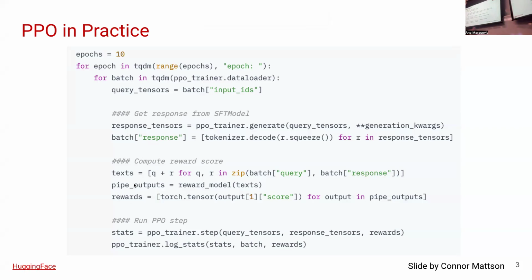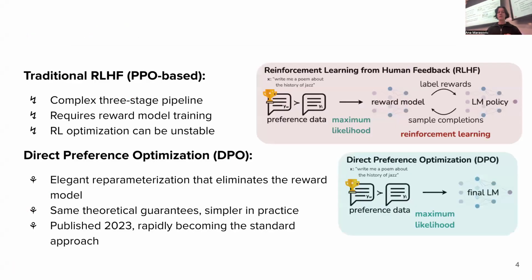Just call our reward model on these responses. And then we have the PPO trainer class written for us, and we are just taking a step of our PPO trainer optimization. So although everything I said in those notes looks scary, using PPO in practice is pretty simple.